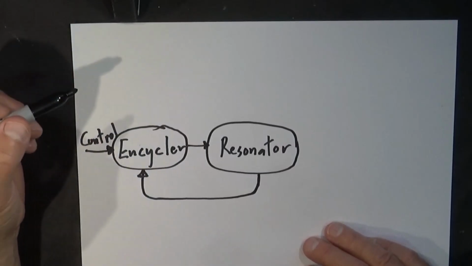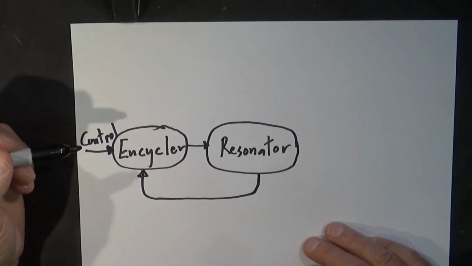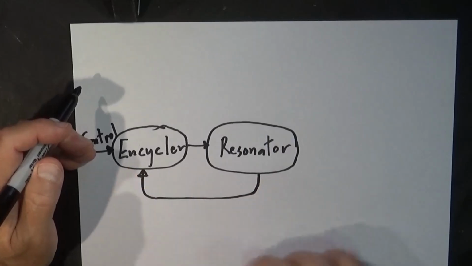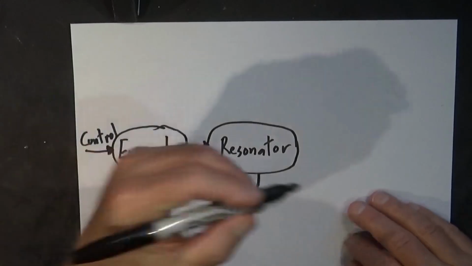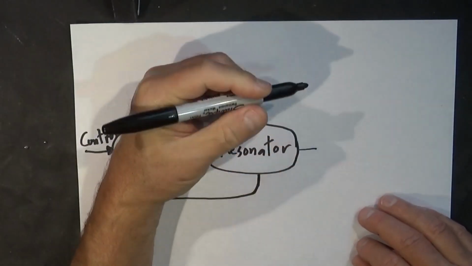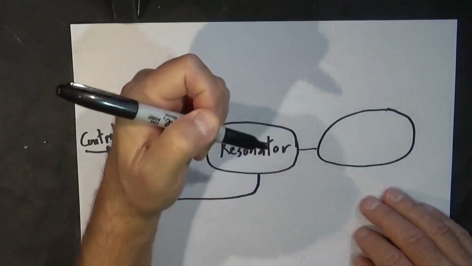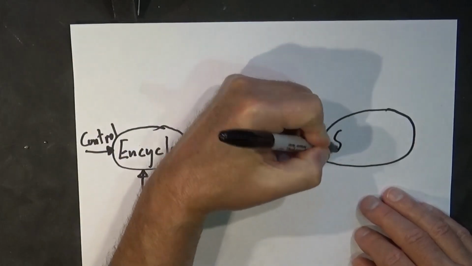Who knows? And it might have more than one control. Indeed, the resonator might and probably would have more than one signal to tell the Encycler what to do. And after the resonator we have, might think of a better name for now, it's the sounder.